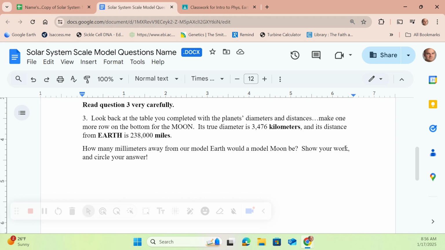You are going to take the information given to you here, and you're going to tell me how far away from our BB Earth the moon would have to be, our moon. And you can answer that in either centimeters or millimeters. It says millimeters there, but we already had a conversion factor specifically for centimeters, right? So you could just use that. That'd be fine. In fact, it'd be more appropriate. You'll see.